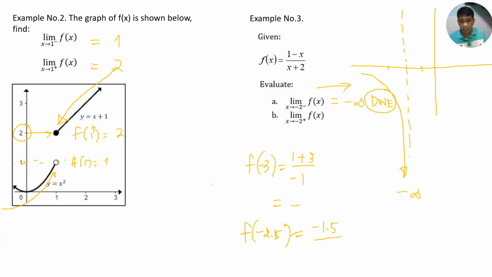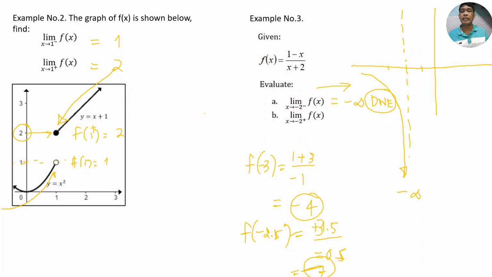Sorry, this should be positive 3.5. Kasi 1 minus negative 2.5, you change the sign of the subtrahend. So, magiging 3.5 all over negative 0.5. So, this is negative 7. So, kung ito ay negative 4, ito ay negative 7, so, it becomes more negative habang lumalapit siya dun sa value na x is equal to negative 2.